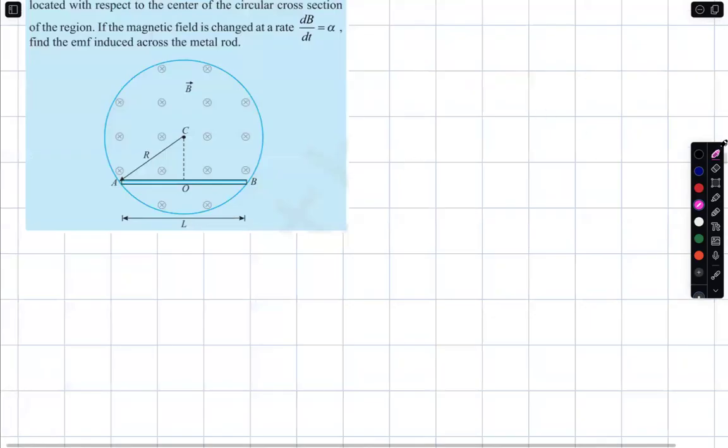I'm extending the rod. That's the deal. This is L. This is also L.